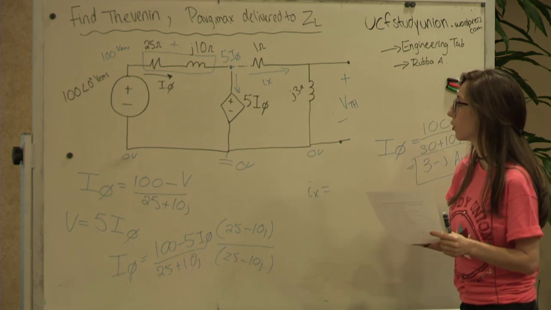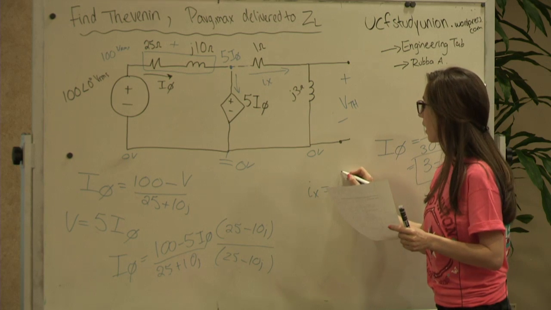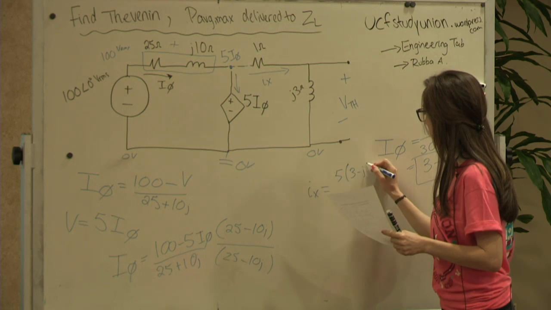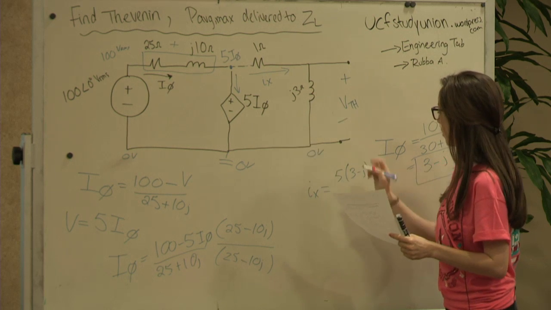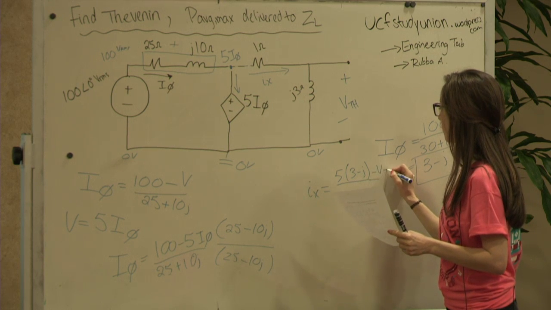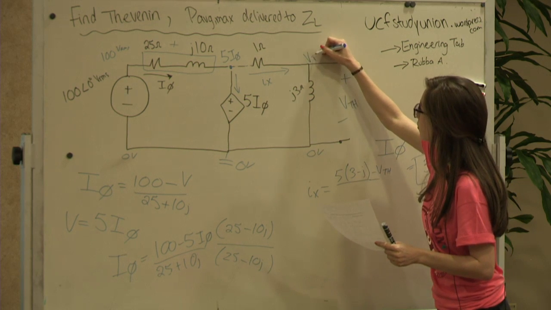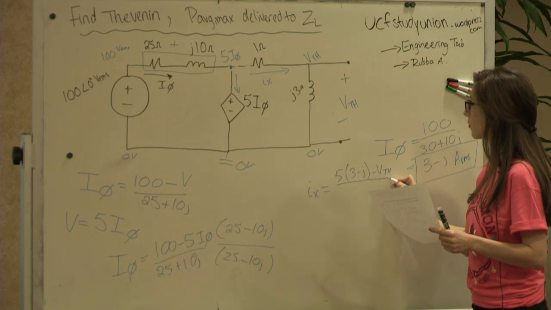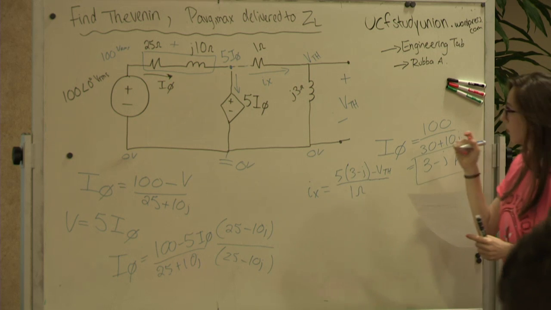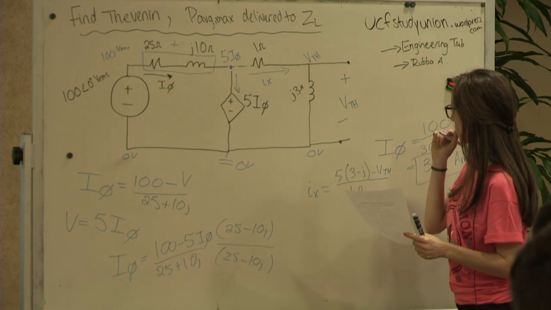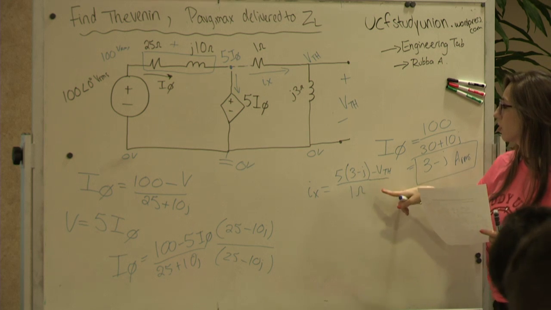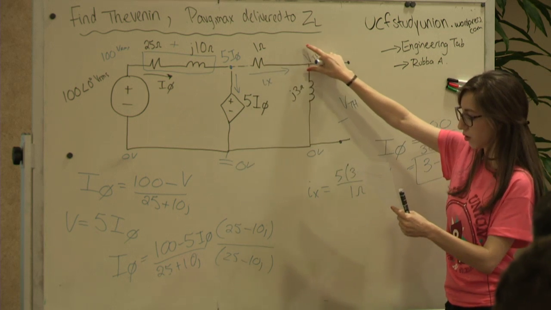So Ix equals 5IO, which is 3 minus J, minus V Thevenin over 1. Now, let me see. But look, that's 2 unknowns. So I would just include, let me think.